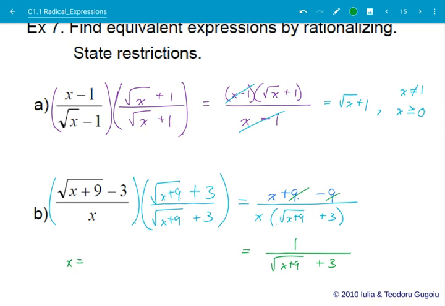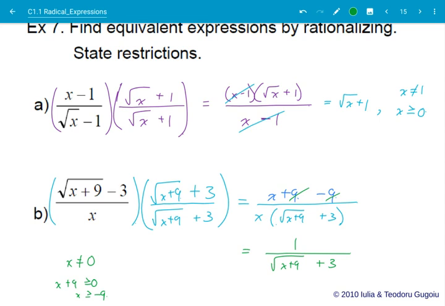Well, x cannot be 0. That's right. And we can't take the square root of a negative, so x plus 9 must be greater than or equal to 0. So x must be greater than or equal to negative 9, right? Because we have x plus 9 in the square root.